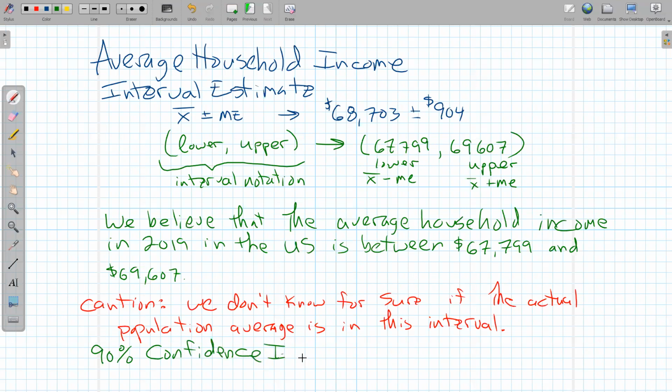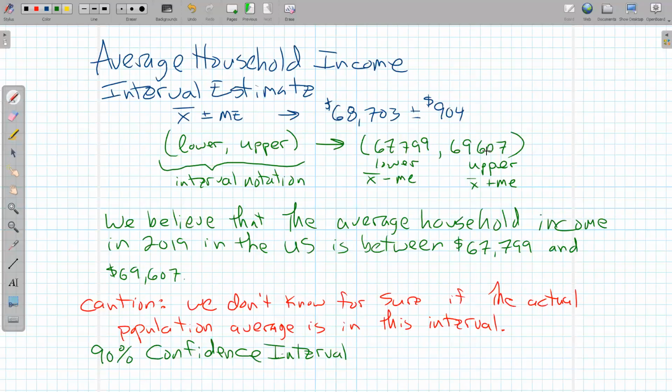I'll talk more about this next class. What that 90% confidence interval means is 90% of similar samples will catch the actual mean, but 10% will miss it. It's not a 90% chance that this one is right.